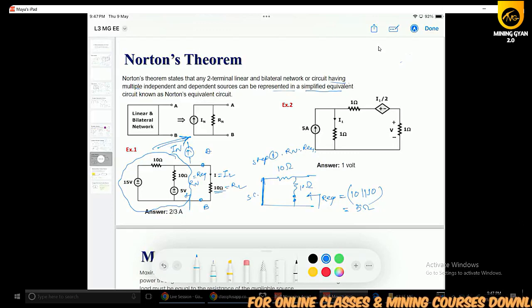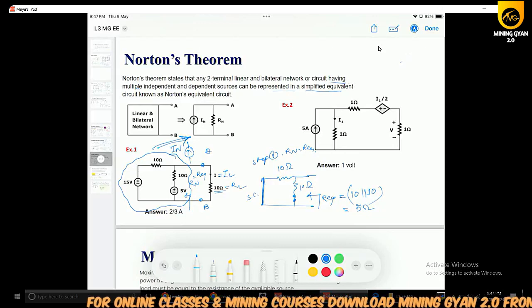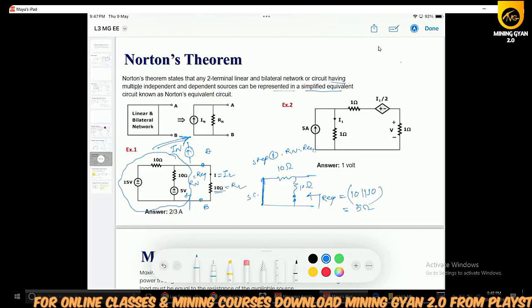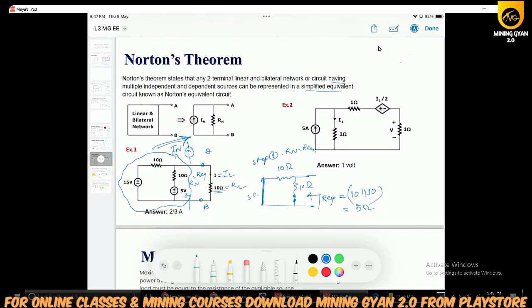So this is a single loop, then you can apply this I. Then you can write 15 minus 10I minus 10I minus 5 equals 0. Then you can calculate I, the total I that is flowing in this circuit. So that will be your IN, and you already got your Rn equal to 5 ohm.